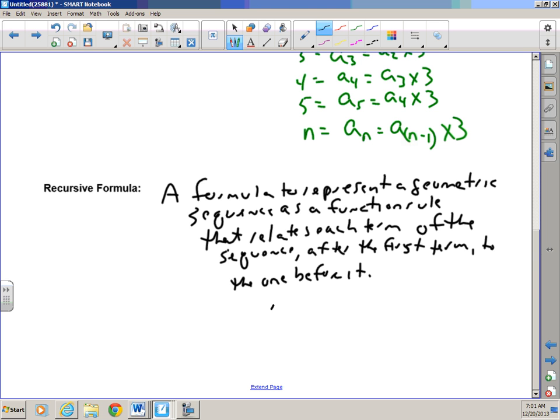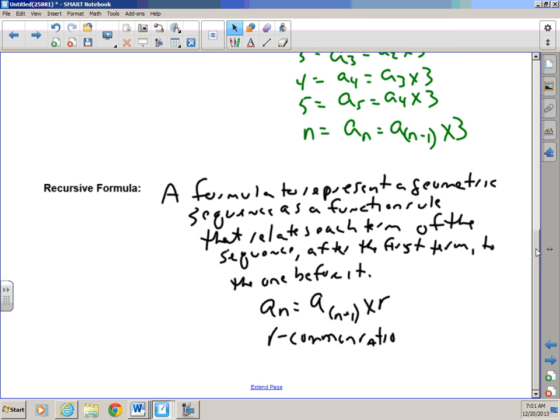And we write that as a sub n is equal to a sub n minus 1 times r, and r is our common ratio now, as opposed to common difference. Okay.